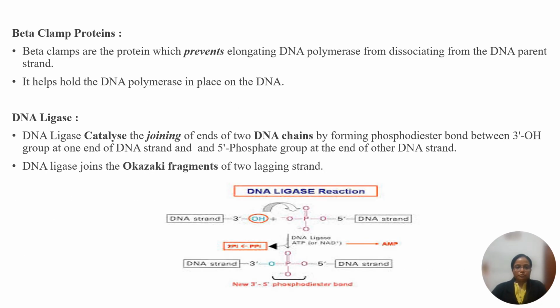Other important proteins are the beta-clamp proteins and the DNA ligase enzyme. Now, the beta-clamp protein's corresponding protein in eukaryotes is called the PCNA protein. These beta-clamp or PCNA proteins have a ring-like structure, and they bind our main replicative enzyme as well as the other proteins of the DNA replication process.